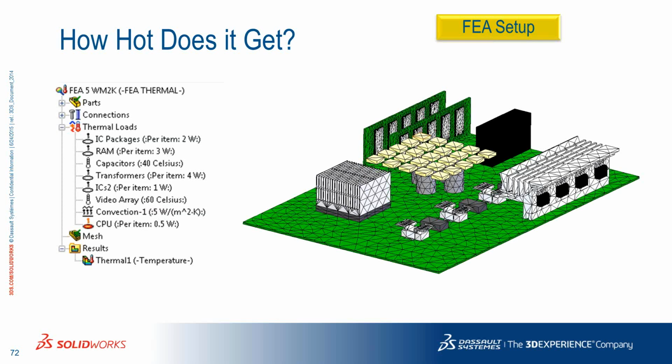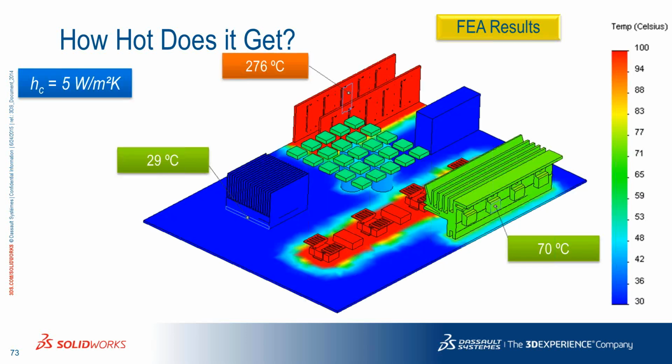The FEA approach here is, again, just like you saw linear static analysis, frequency analysis, you can actually do a thermal analysis. But the biggest assumption you have to make here is what we call convective heat transfer. So I can do an FE analysis, and I can start off with a convective heat transfer coefficient of 5 watts per meter squared Kelvin, and you can see the effect of that, right?